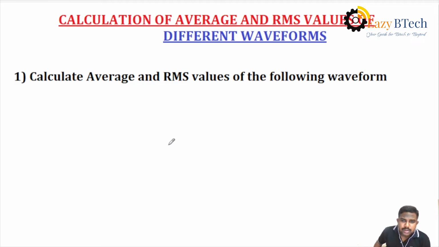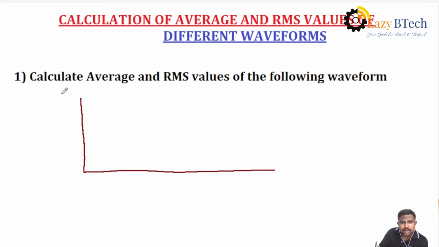In this video, I will show how to calculate the average value as well as the RMS value for different waveform shapes. For example, I am considering the following problem: calculate the average value and RMS value for the following waveform.